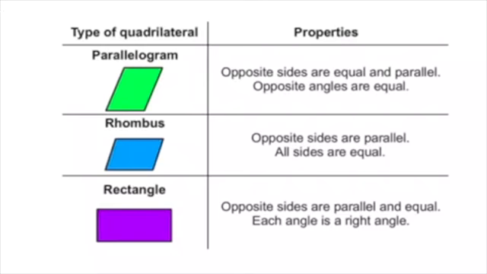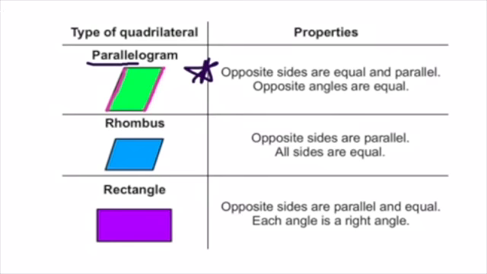Parallelogram, that is a big name, but I see the word parallel in that word, and that is going to be a word that we are going to go over later this week because that tells us about the sides. So look at the sides, and this is the rule of a parallelogram, that the opposite sides are equal and parallel. So what that means is the sides on the opposite sides, so we have side 1 and side 2, those are the opposite sides because they're across from each other.